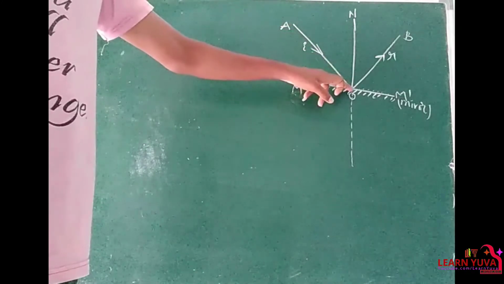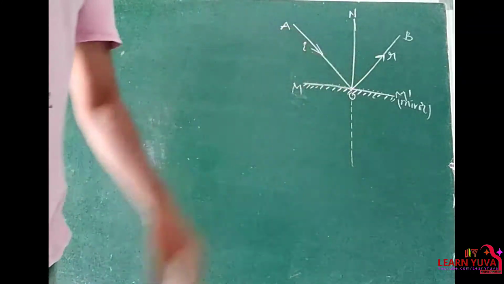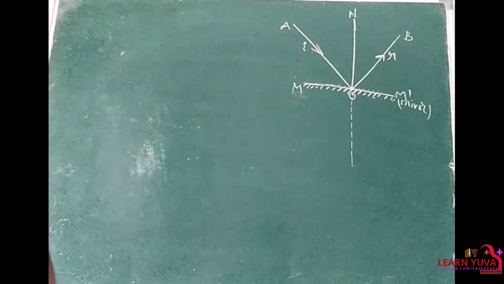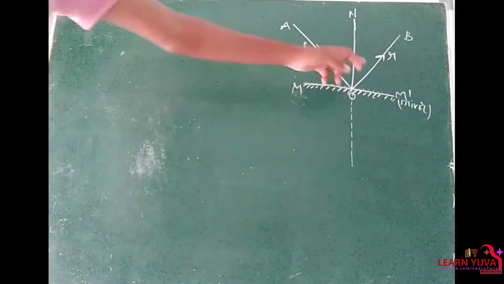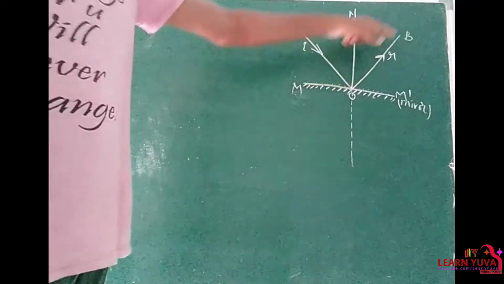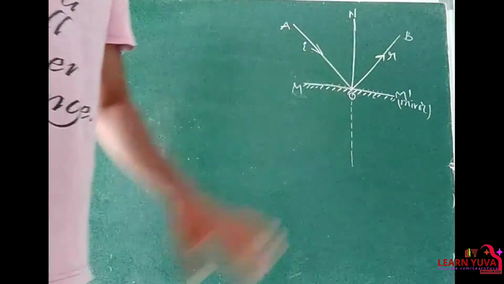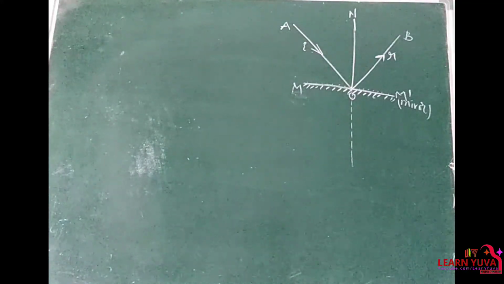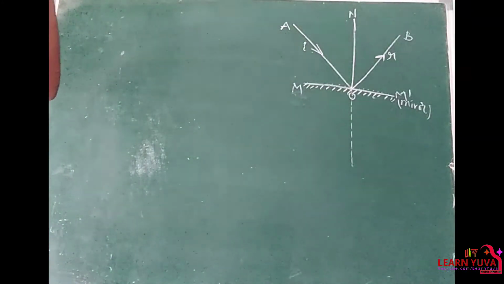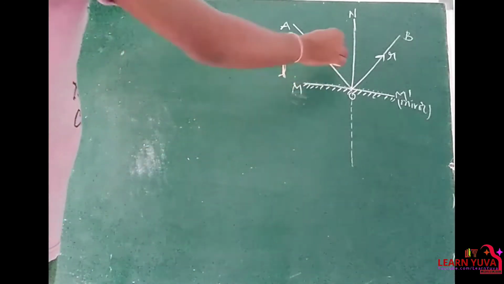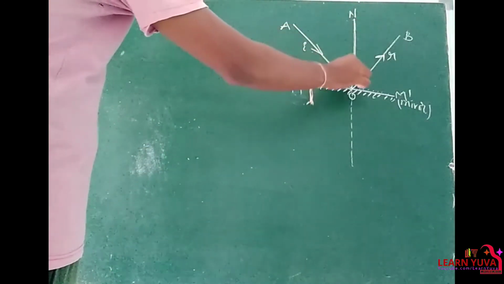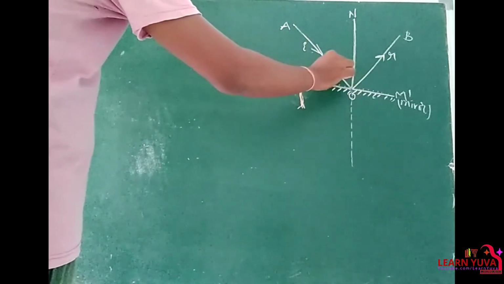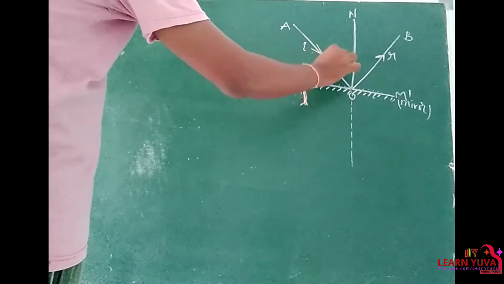This reflected ray is present in the same medium of incidence and normal. The light ray obtained after reflection from the surface is nothing but the reflected ray. Clear? You can observe there is an angle between ON and OA, and this angle is nothing but the angle of incidence.